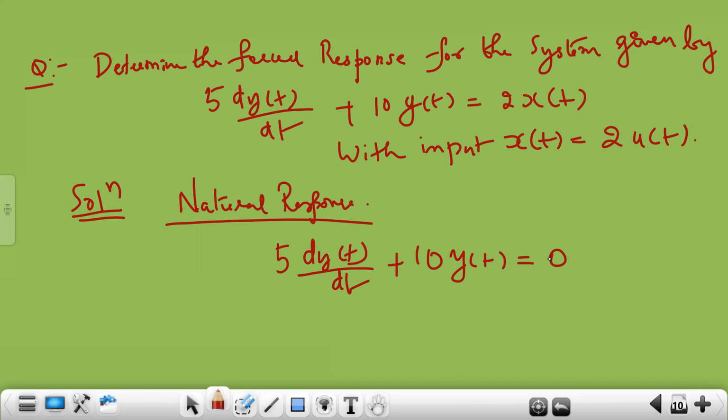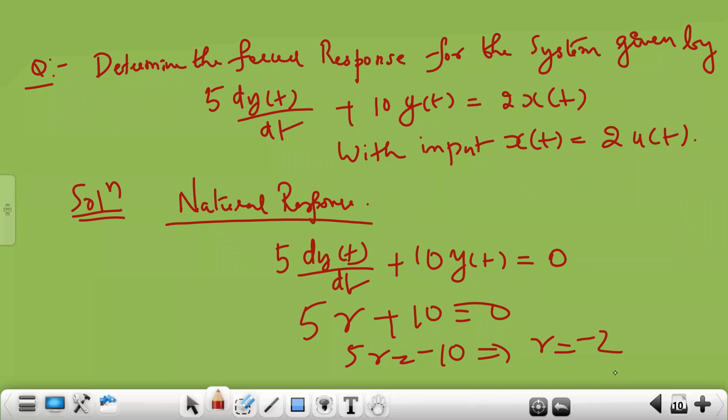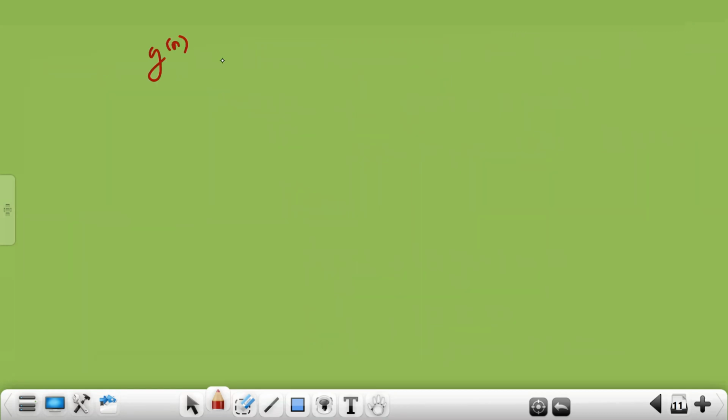The characteristic equation will be 5r plus 10 is equal to 0. 5r is equal to minus 10, means r is equal to minus 2. Now tell me what is your yn of t. Don't find the value of c, c1, c2 and all. I'll tell when to find. But you need to tell me the solution based upon the roots. What is the root over here? r, which is equal to minus 2. Based upon this, what is your solution?